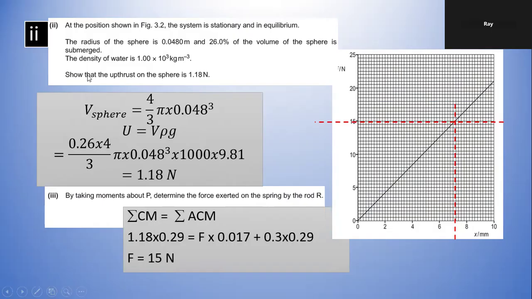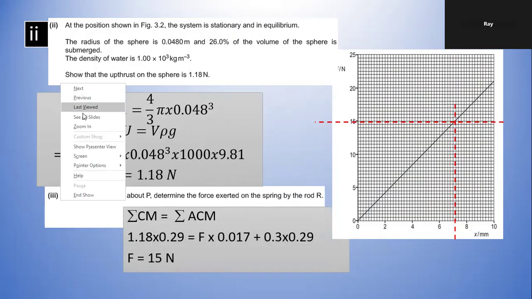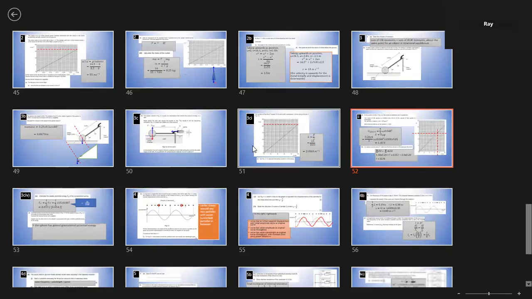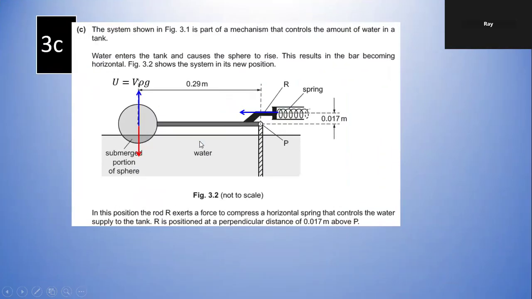Wait, teacher, the weight equals the upthrust. Look at the picture. There's the upthrust. Anything not clear?